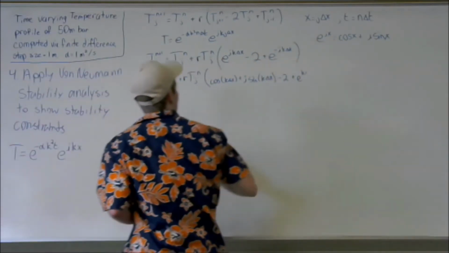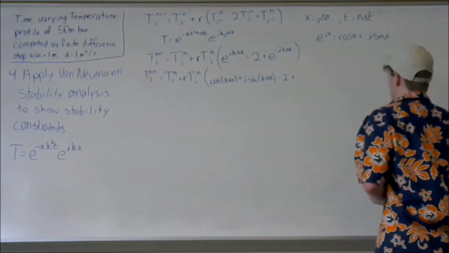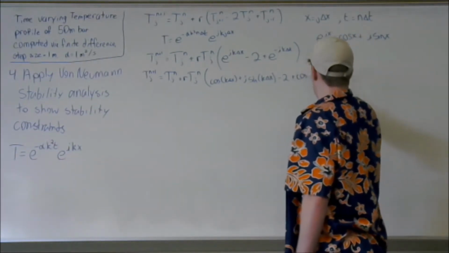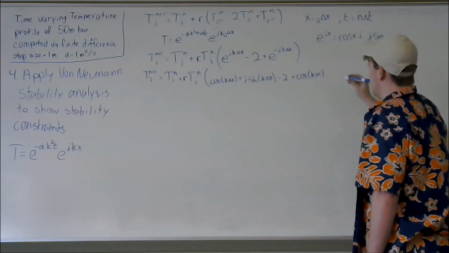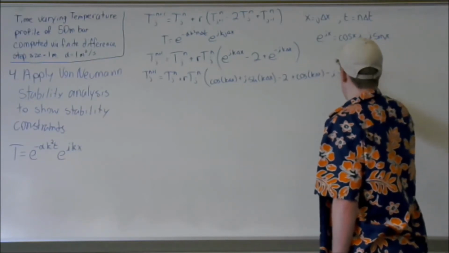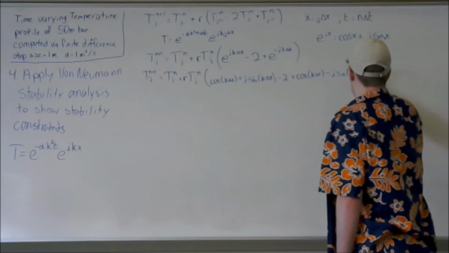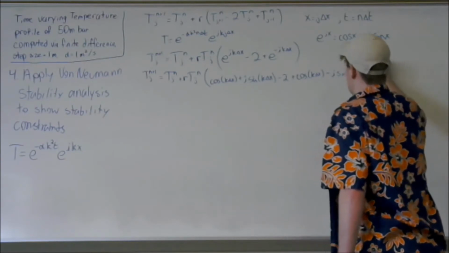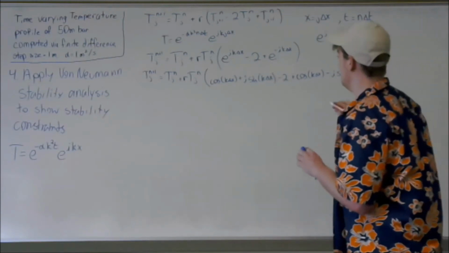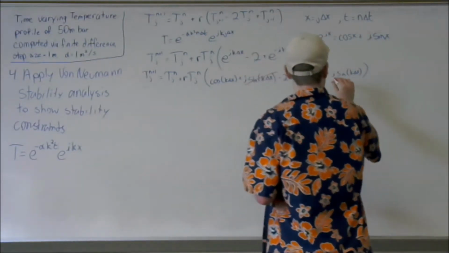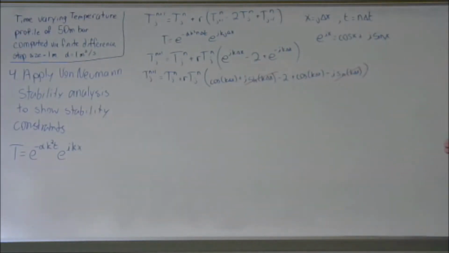It's not an e, it's a cosine. So a cosine of k delta x minus i sine of k delta x, just like that. I finally get to break out my red marker here because this right here and this right here actually cancel out, just like that.